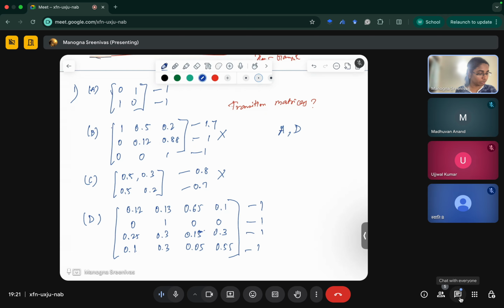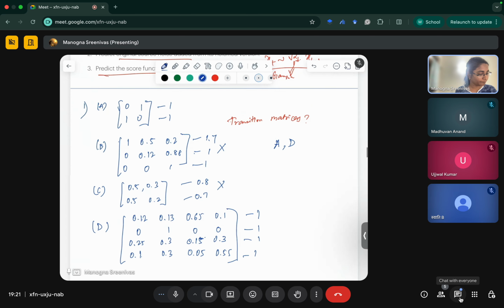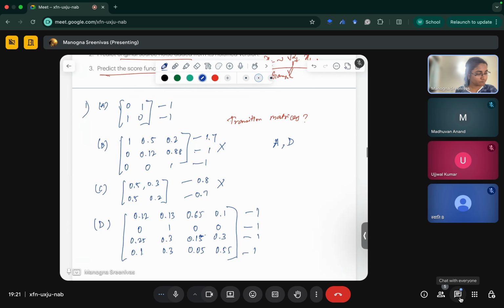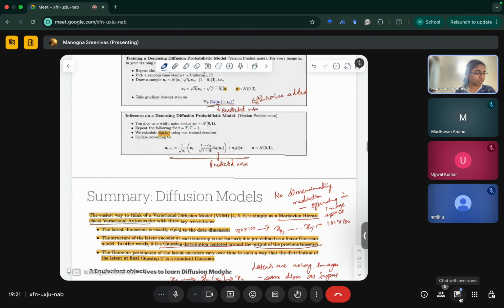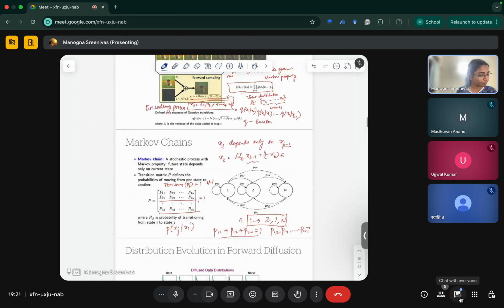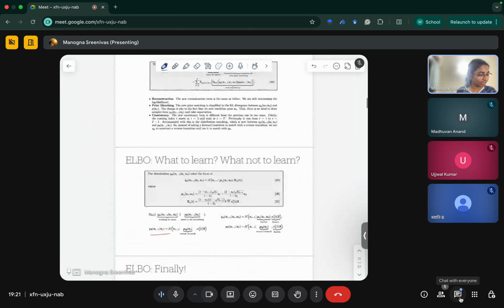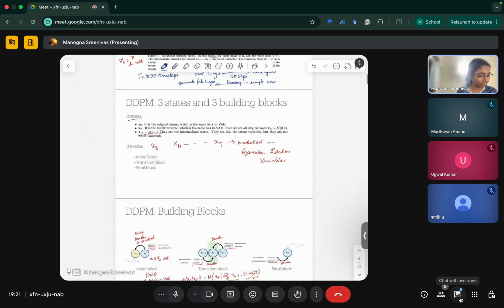Okay, let's do one more thing. We saw that one diagram, right, where I showed the Markov chain. So how do we visually write a Markov chain, for easier understanding?